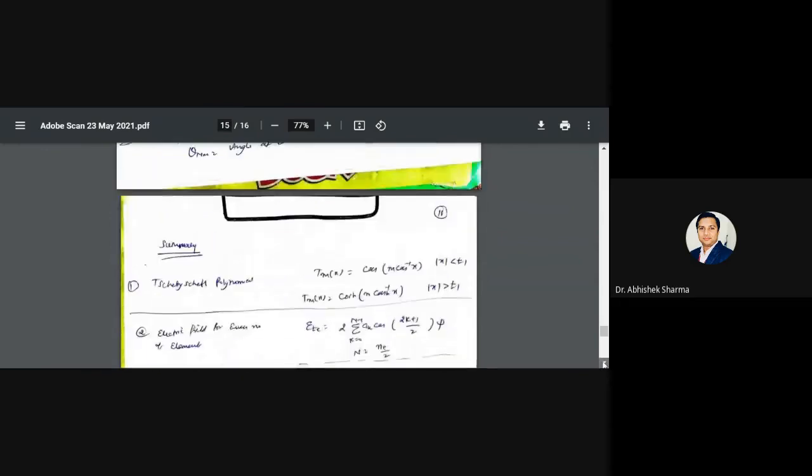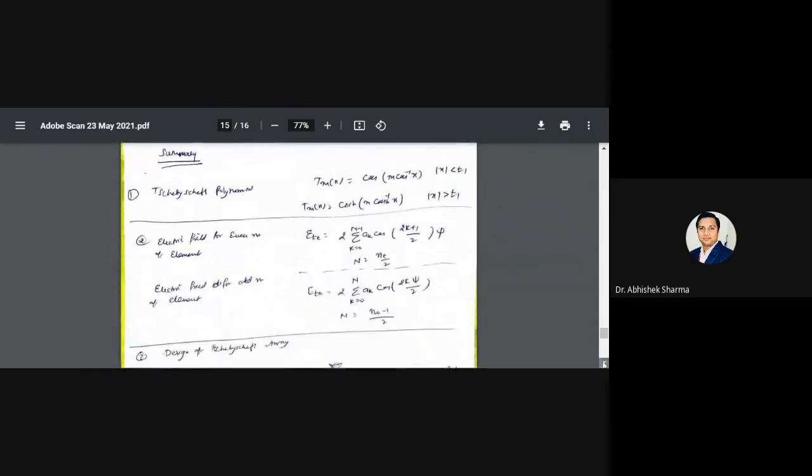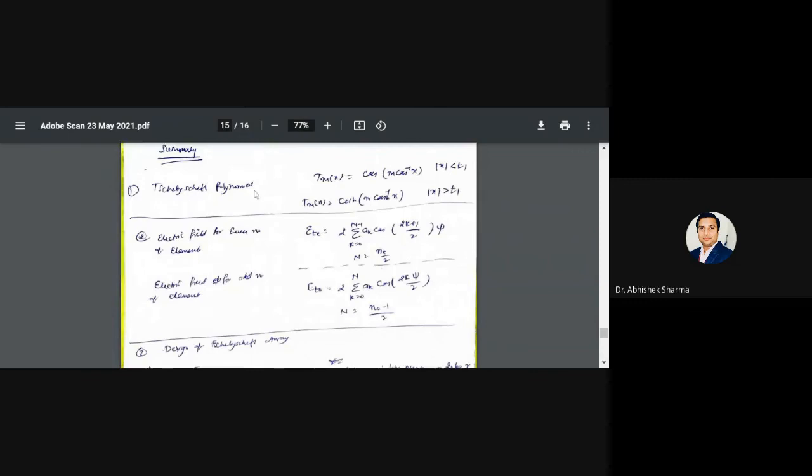So let me summarize it. In step 1, we will calculate Chebyshev polynomial. Then we will find out electric field for even number of elements by using this, or odd number of elements by using this.